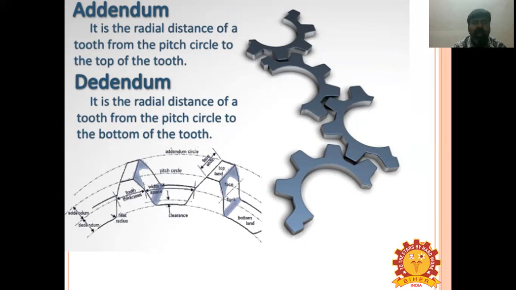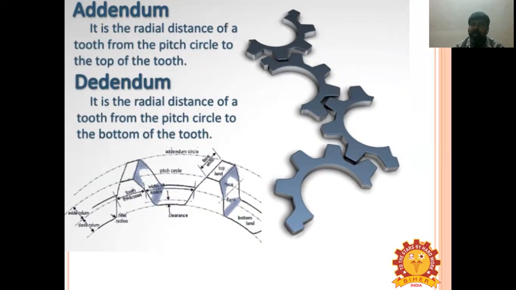The addendum is the radial distance of a tooth from the pitch circle to the top of the tooth. And the dedendum is the radial distance of a tooth from the pitch circle to the bottom of the tooth. That is called the addendum and dedendum.